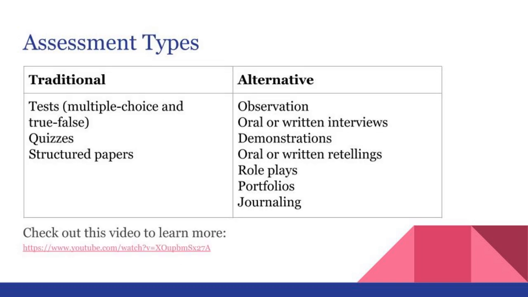There are two broad categories of assessment measures, traditional and alternative. Traditional assessments are those formal measures, such as multiple choice and true or false tests, which have traditionally been used to assess students' learning. These measures are usually the same for all students and typically test a student's recall of discrete content or language items.